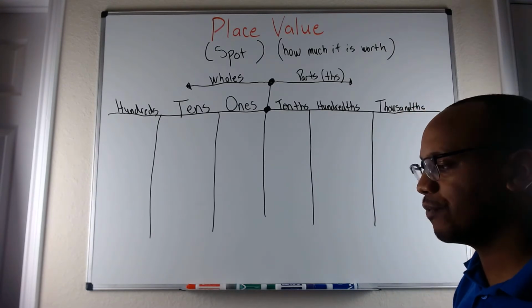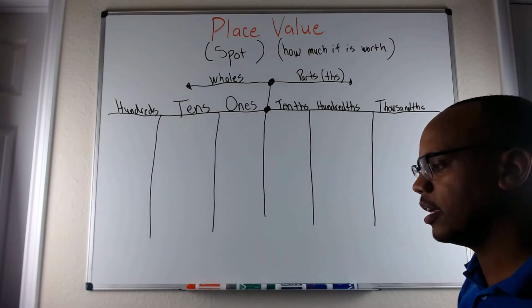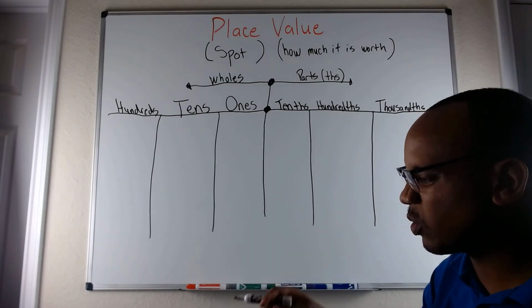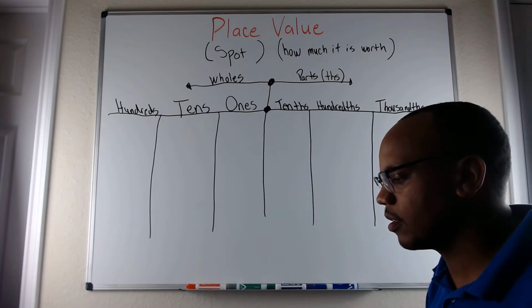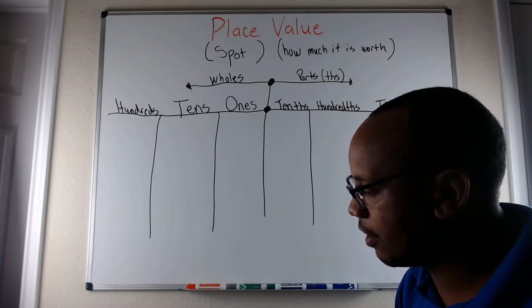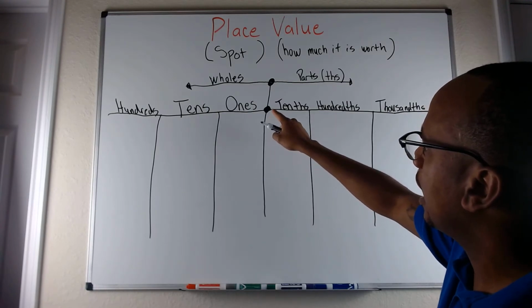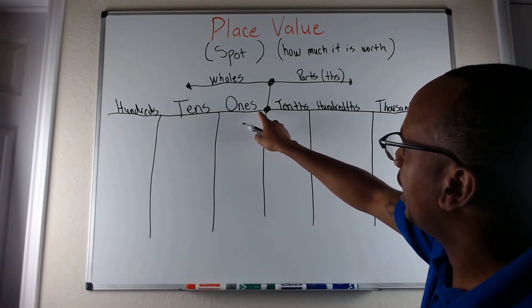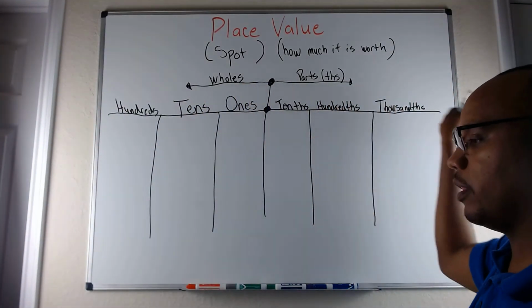This will suffice for 5th grade. 4th grade normally stops at hundredths. 5th grade normally stops at thousandths, right? When you get to middle school, you'll have ten-thousandths after that and stuff like that. But the main thing here is that you see that the decimal point separates the whole numbers from the parts.